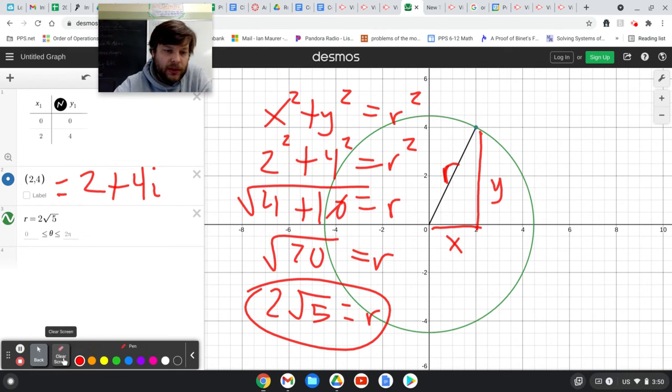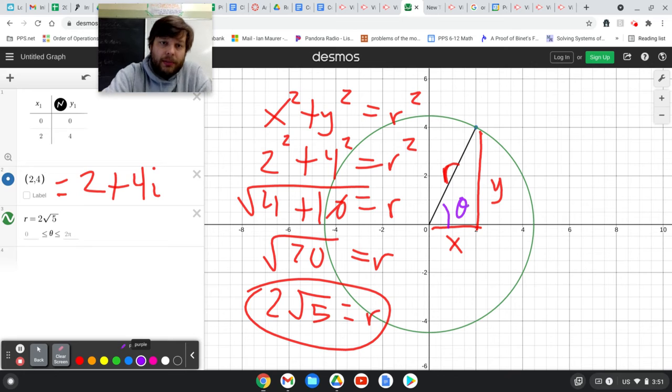And so we usually use the letter theta for angle. And so theta is defined just like on the unit circle. Theta is defined as the angle rotating counterclockwise, and a 0-degree angle or a 0 radian angle is pointing due east. So how can you find that? Well, I know I can use sine or cosine or tangent. I suggest using tangent because when you have a complex number, you know the opposite and adjacent sides. Those are the real and the imaginary part.